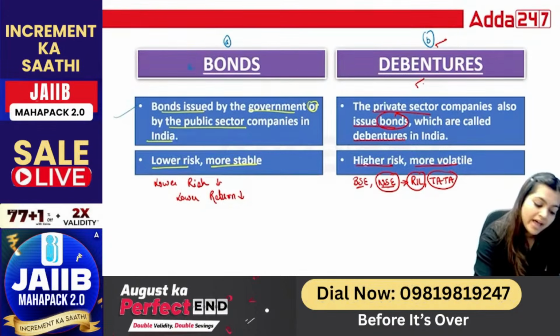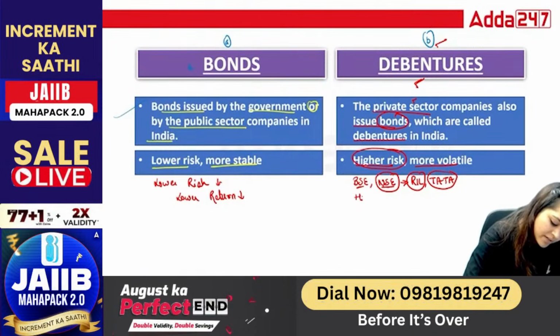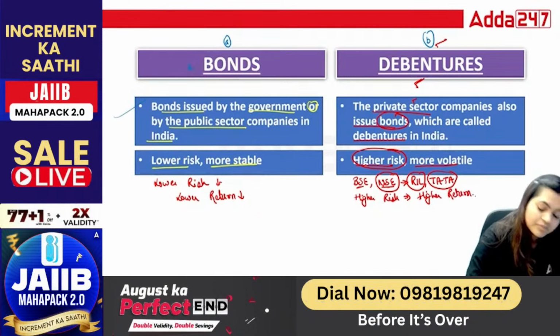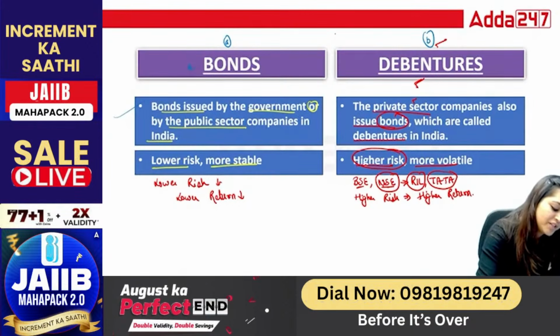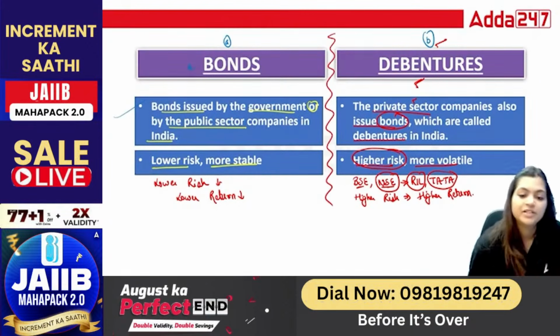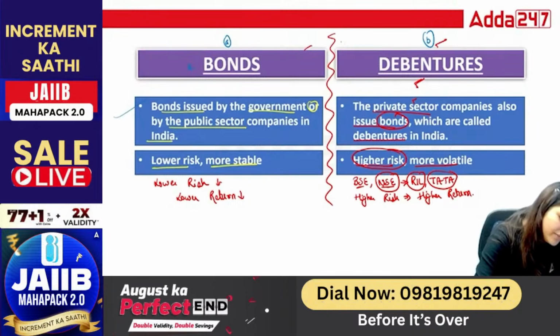Debentures, and debentures are issued by private sectors. This gives higher risk, and as it has higher risk, it will give higher return. No one can predict the market. So this is the difference between bonds and debentures. What common thing are we doing on both sides? We are borrowing.